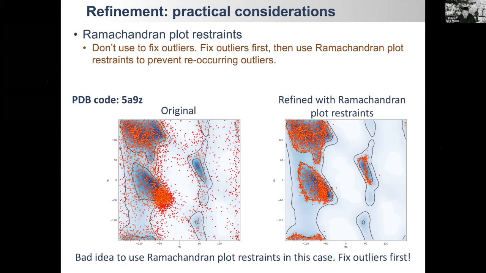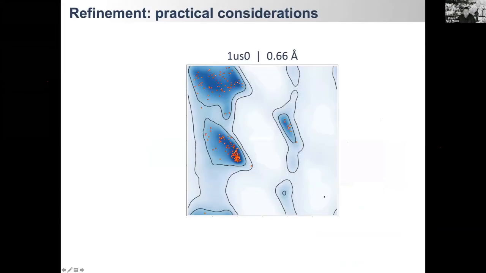Not because it has few outliers, not at all, but because it has residues clustering on the borders. You have residues avoiding some particular region of the plot. So this plot does not look like a good-looking Ramachandran plot. And what a good-looking Ramachandran plot looks like is this. So we know how good-looking plots appear.